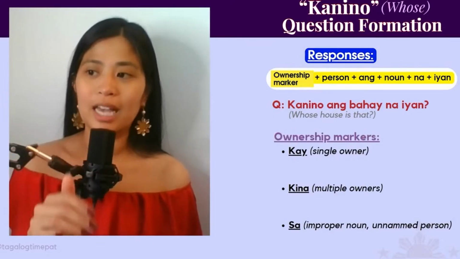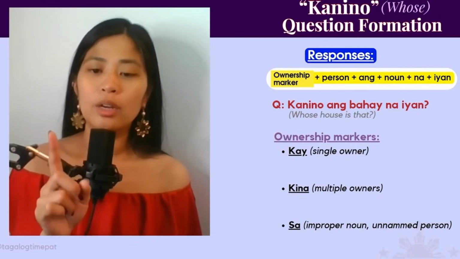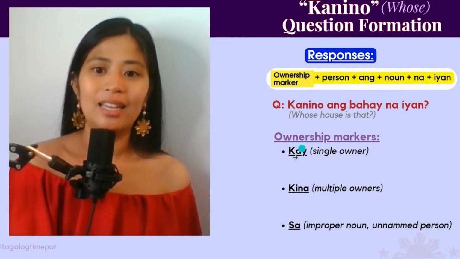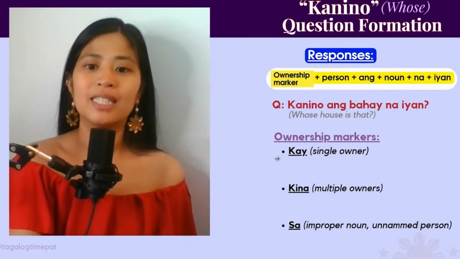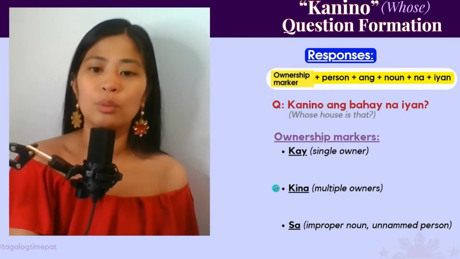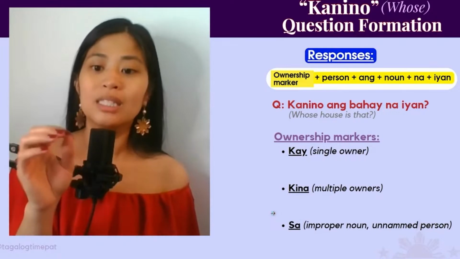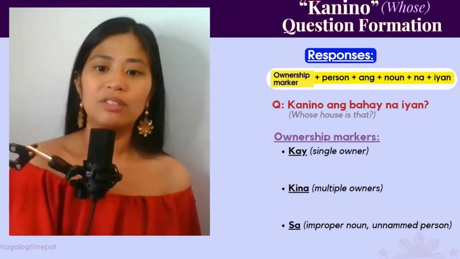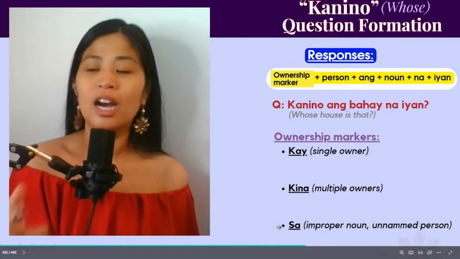So one of these has to be in your response. If there's only one owner, it's kay. If there's multiple owners, it's kina. More than one person, it's kina. If there's not a person, if there's no one's name, then you would have to use sa. So it's an improper noun or an unnamed person.